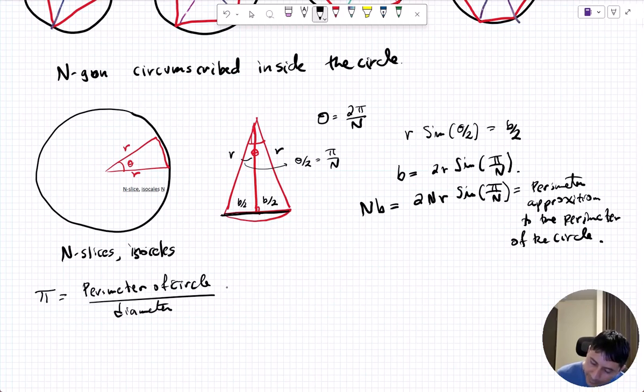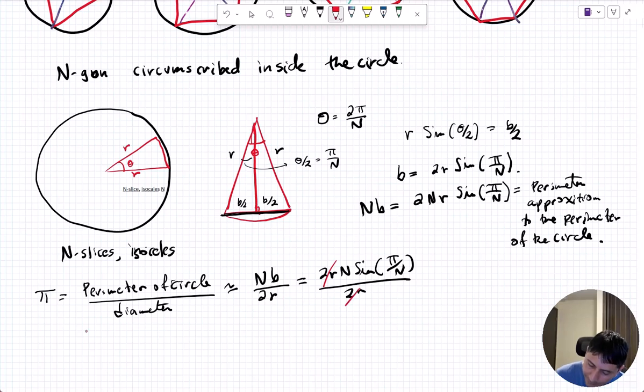In this case, it's approximately equal to capital N b divided by the diameter, which is 2r. So this is equal to 2r capital N sine of pi over n divided by 2r. So I can cancel the 2r, and the approximation from the perimeter calculation of the circumscribed regular n-gon is going to be n sine of pi over n. So this is going to be the capital Nth approximation to pi.